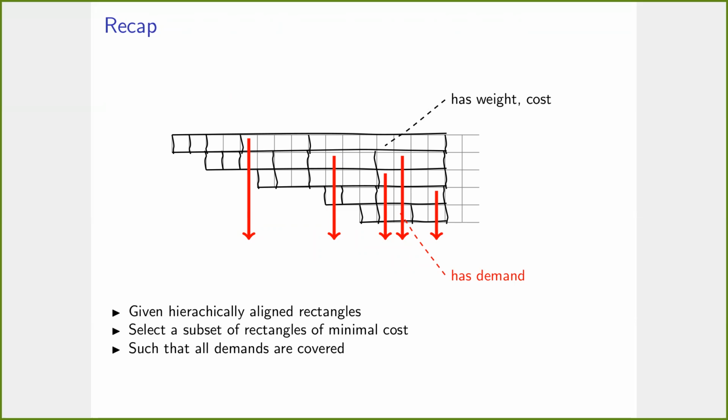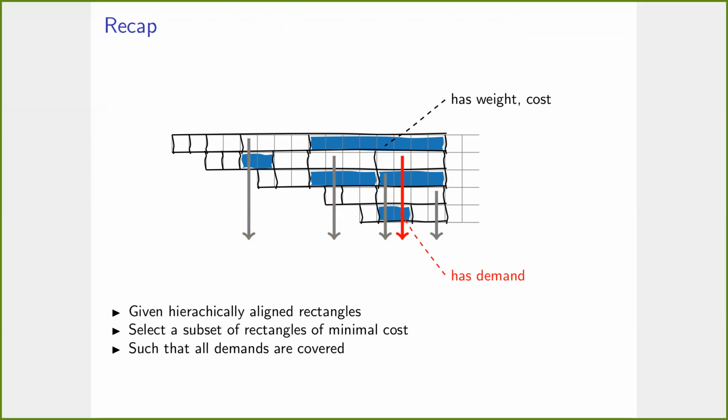We want to select a minimum cost set of rectangles here, like this blue set, and the constraints that we have to satisfy are given by these vertical red rays. Each of these rays has a certain demand, which needs to be satisfied by the rectangles that intersect with it.